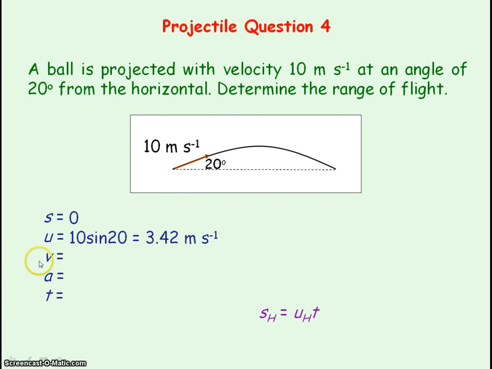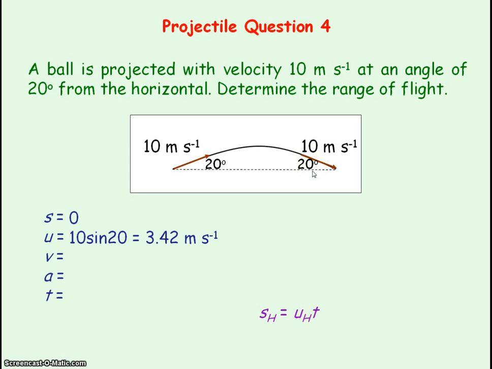To determine the final velocity vertically, if we assume a symmetrical path, then the ball will land with a velocity of 10 meters per second at an angle of 20 degrees from the horizontal. And as it's in the opposite direction vertically, we will show this as a minus sign because we've taken vertically upwards to be positive, so vertically downwards will be negative.